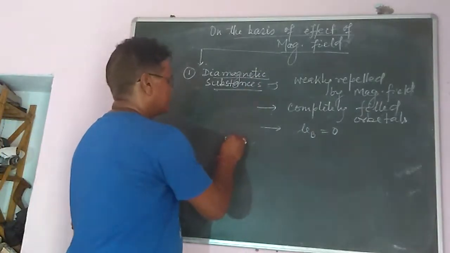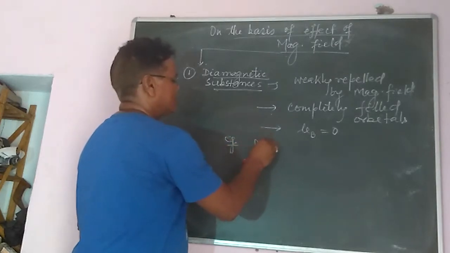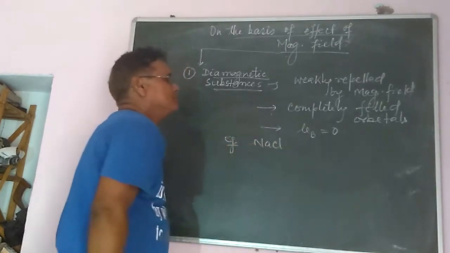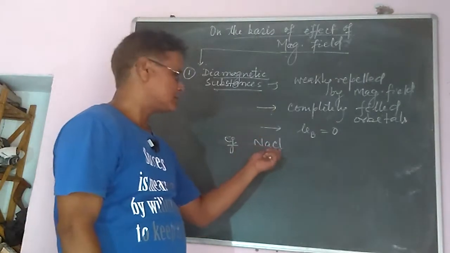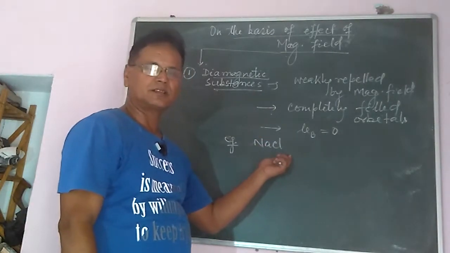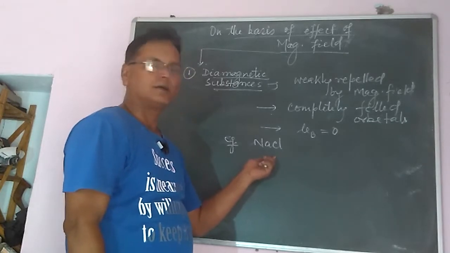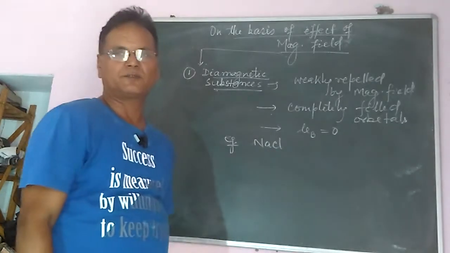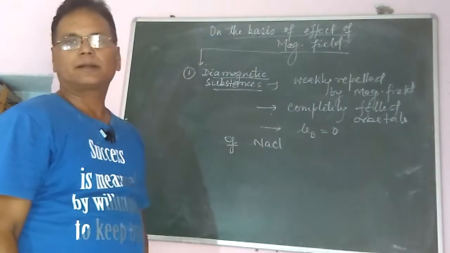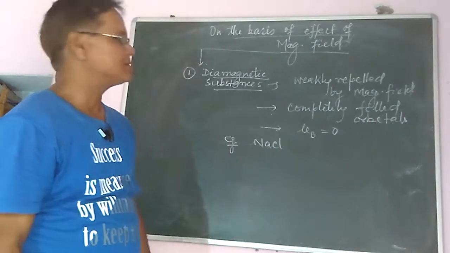As an example, suppose sodium chloride. See here, in sodium chloride there are 6 chloride ions that surround each sodium, and around each chlorine there are 6 sodium ions. So their charges are cancelled.